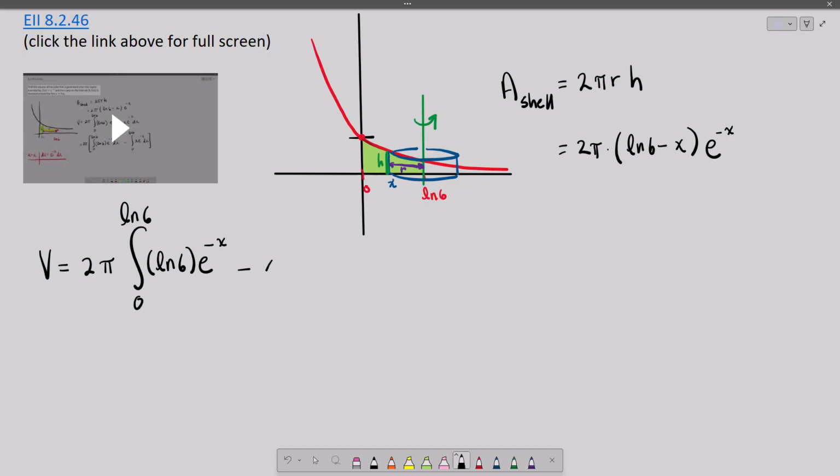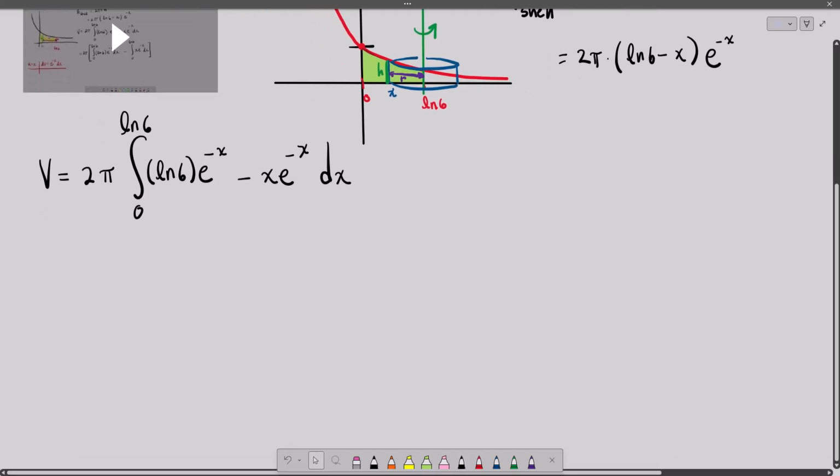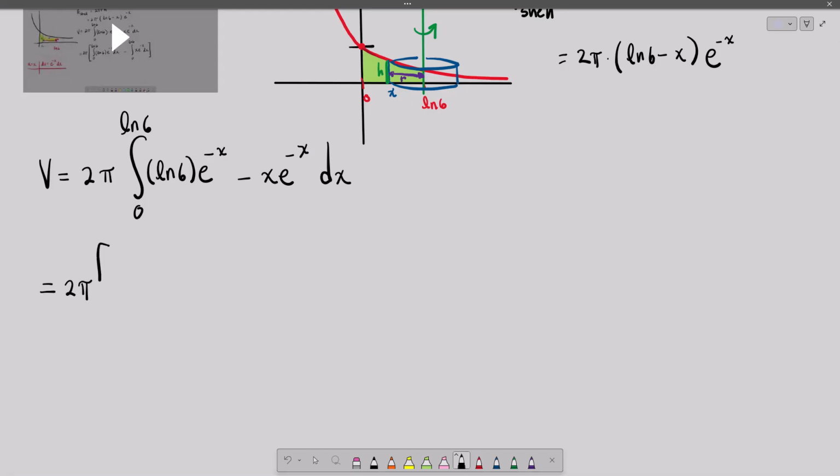So we have that. We're going to break this into 2 integrals. So we're going to have 2 pi multiplied by this first integral. First integral has a natural log of 6 that can pop to the front.